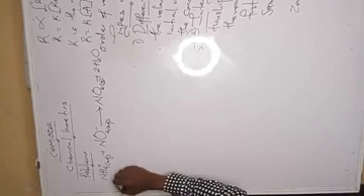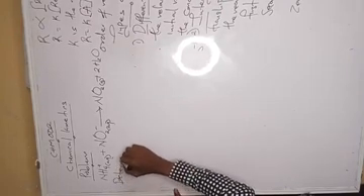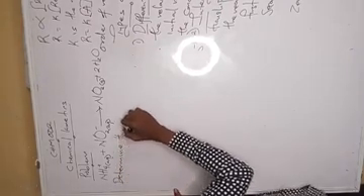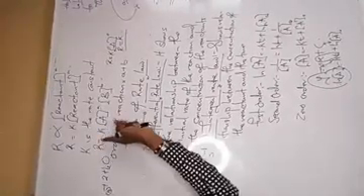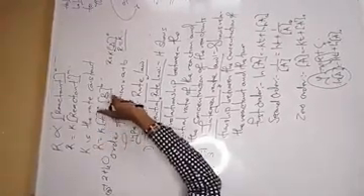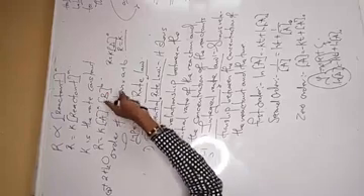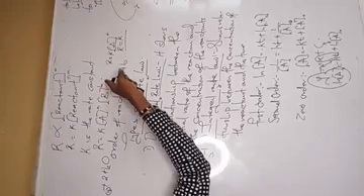Determine the rate law. If I tell you to write the rate law, you have to express it in this format: R equals K, the first reactant raised to the power of the order of the first reactant, the second reactant raised to the power of the order of the second reactant.